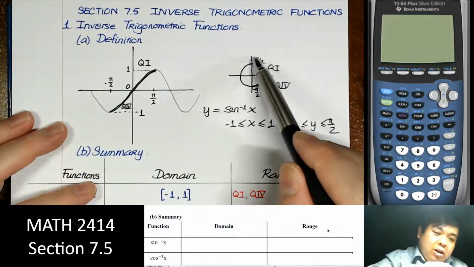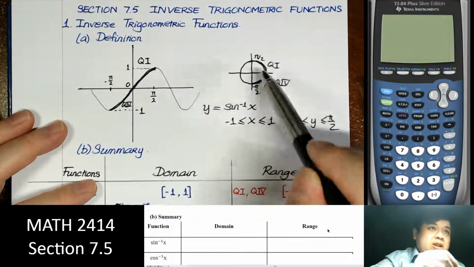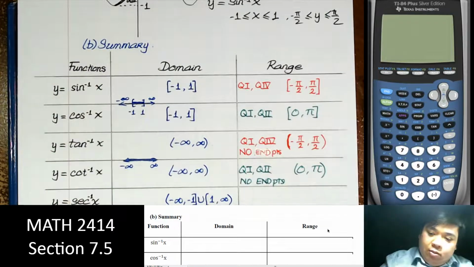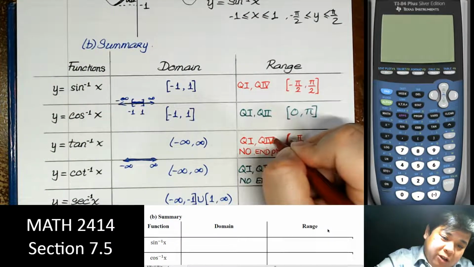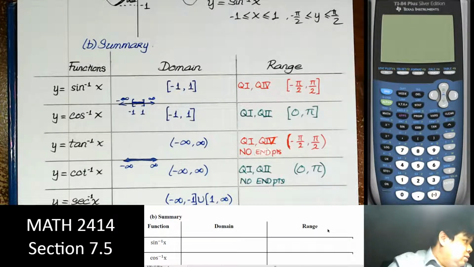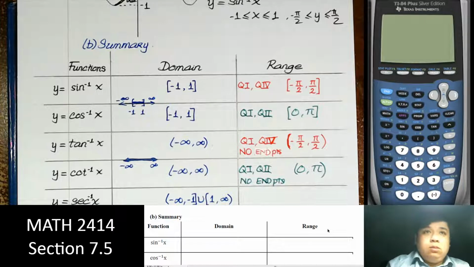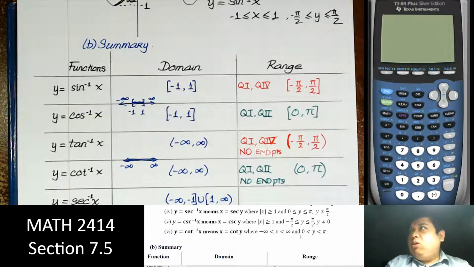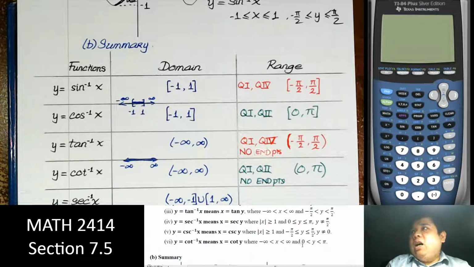So 1, 2, 3, 4. So this is 4. Yeah, some books, when they say secant and cosecant, they use quadrant 1 and 3, but we use that.